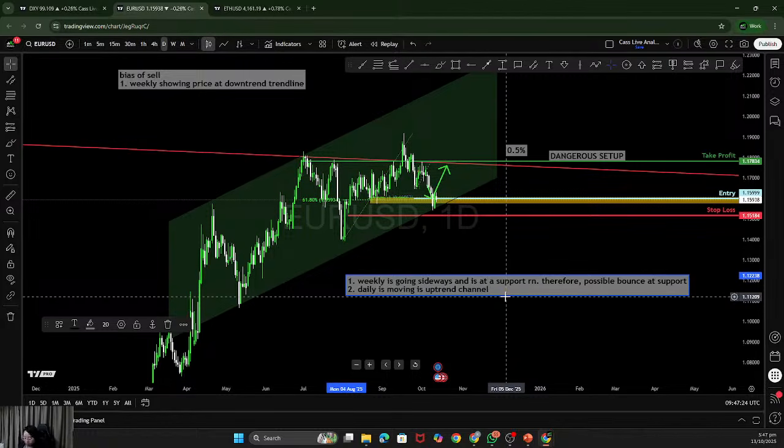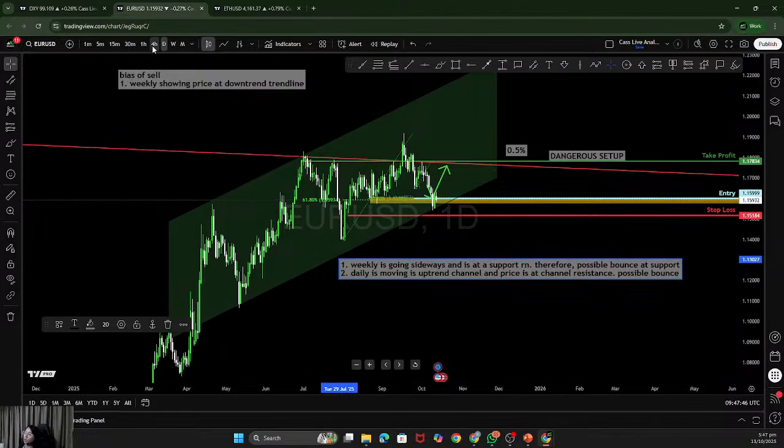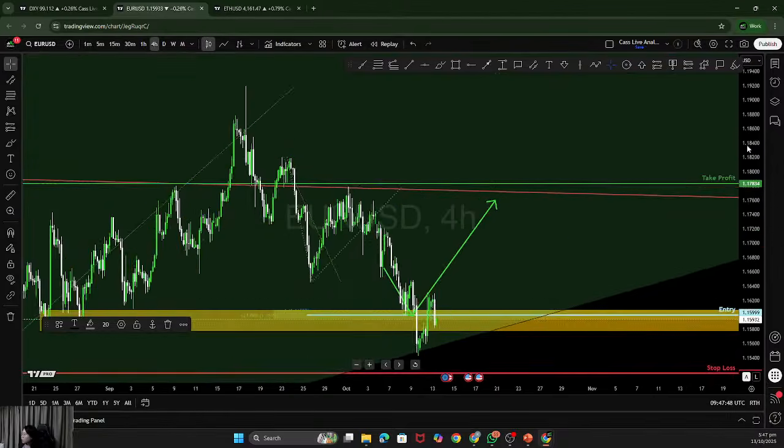And price is at channel resistance. If it reverses now, it will make a resistance. Possible bounce. So we've got two things supporting our possible bounce. Let's go down to the 4 hours.